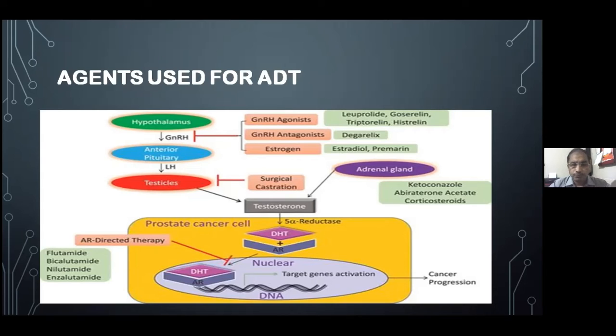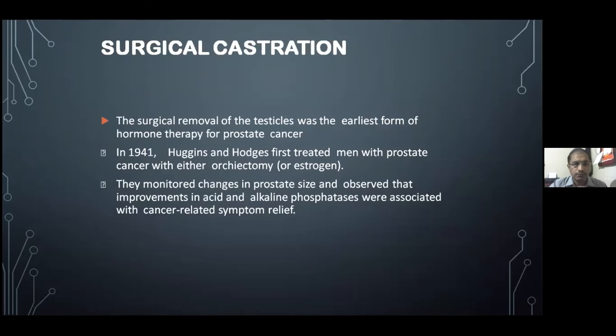Surgical castration removes the testicles, so testosterone is not produced. If we use ketoconazole, abiraterone acetate, or corticosteroid, they work at a different level, the cellular level, where they stop the conversion of steroid into active testosterone.